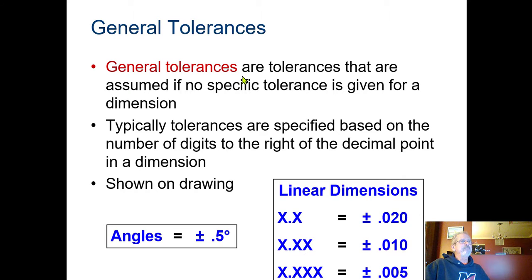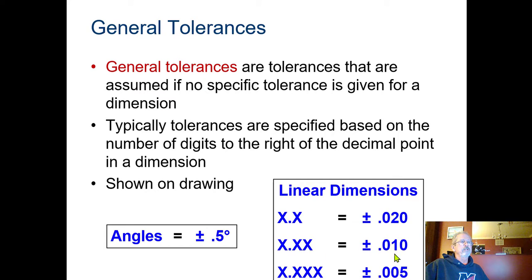All right, in the absence of any tolerance, there are default tolerances. So if there's no general tolerance, if there's no specified tolerance, then we go to, how many decimal points are there? So right here, the angle would be 1/2 of a degree. So plus or minus 1/2 of a degree would be the angle. If all our decimals are at 1/10 of an inch, then it would be plus or minus 20 thousandths of an inch.